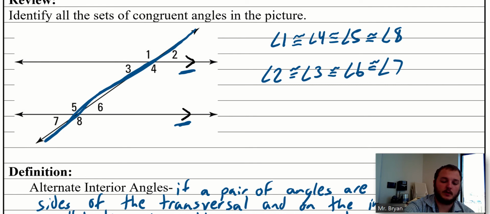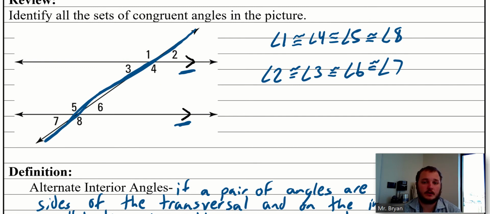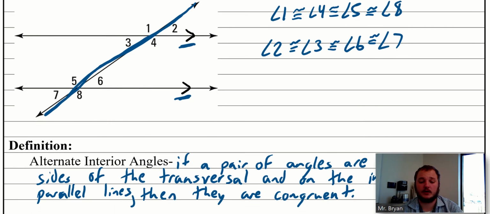And notice on one side of the transversal I have 1, 3, 5, and 7, and on the other side I have 2, 4, 8, and 6. So if it says alternate, I'm looking for two angles that are on alternate sides, or the opposite side of that transversal. So for instance, 3 and 4 on opposite sides, or 1 and 8, and so on and so forth.